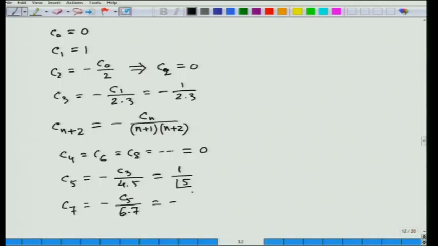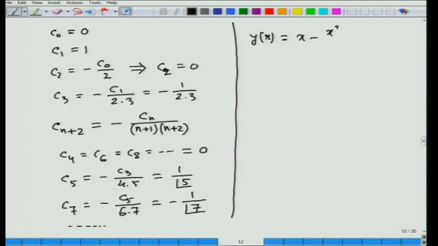So, this is equal to minus 1 by factorial 7 and so on. So, if we substitute these expressions into the series that we have assumed, then we can find y x is equal to x minus x cube by factorial 3 plus x to the power 5 by factorial 5 minus x to the power 7 by factorial 7 plus dot dot.